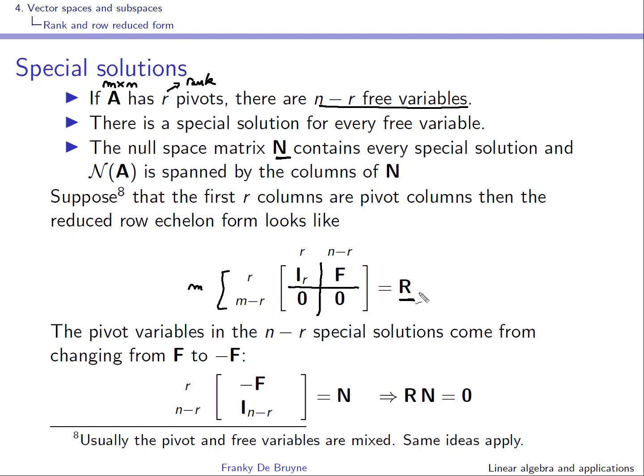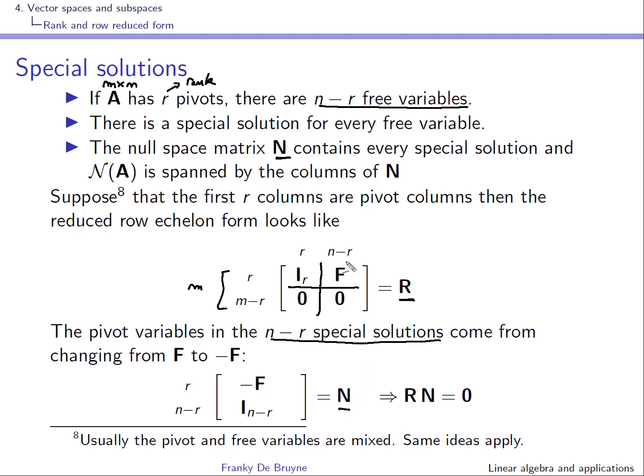Okay, in reality things will be a bit different because pivot and free variables are mixed, but we'll see how we can deal with that later. So we can now find the N minus R special solutions by constructing N in the following way.